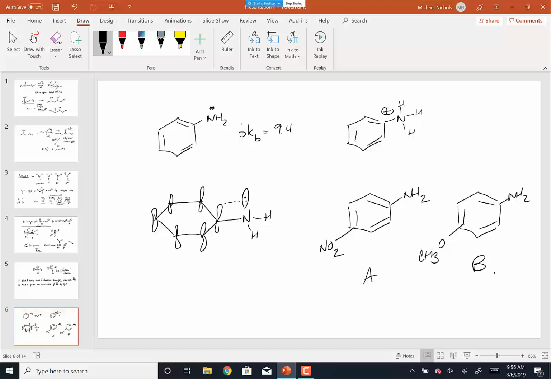B. B's pushing electron density into the ring. Because nitro's doing what? Withdrawing it. How do we know that? Yeah. The methoxy group is activating because it's pushing electron density into the ring. Nitro group is withdrawing electron density. So B would be a stronger base.